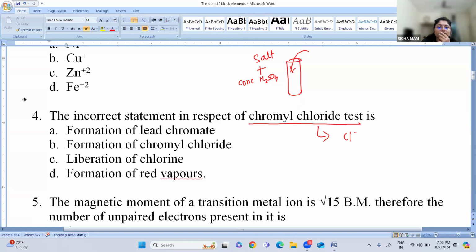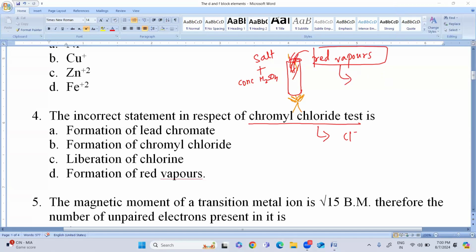After heating, vapors can be seen. They will be deep red color vapors, red orangish type of vapors. And this tells you that they are chromyl chloride vapors.